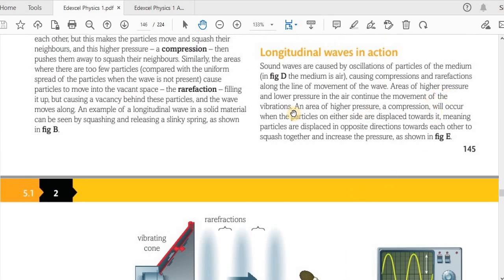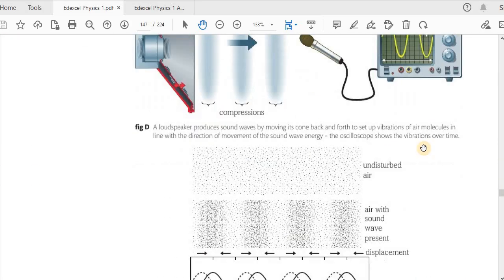Areas of higher pressure and lower pressure in the air continue the movement of the vibrations. An area of higher pressure, a compression, where particles are close together, will occur when the particles on either side are displaced towards it, meaning particles are displaced in opposite directions towards each other to squash together and increase the pressure, as shown in figure E.